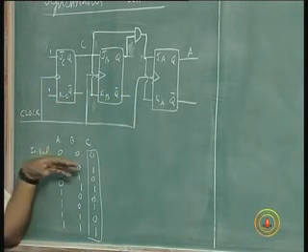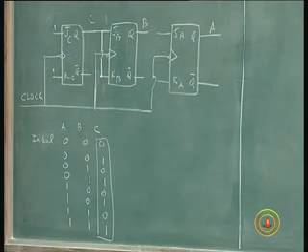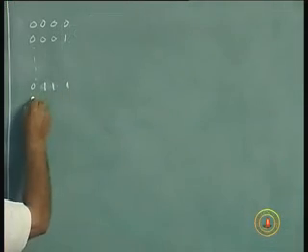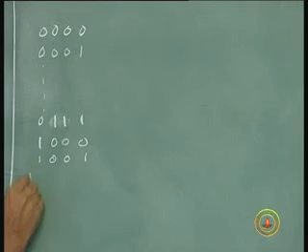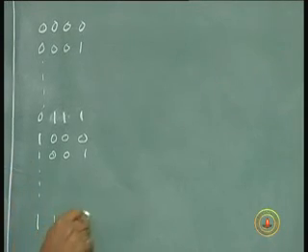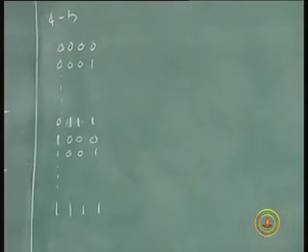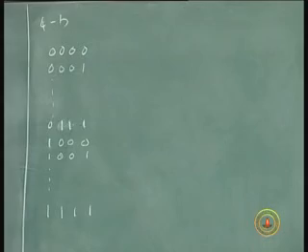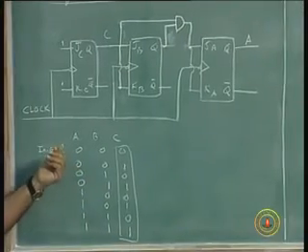So if there is a 4th position for a 4-bit counter, this is a 3-bit counter, only 3 positions.